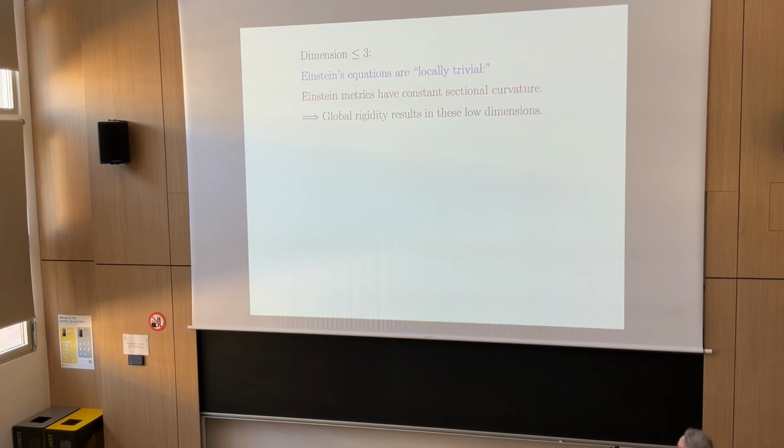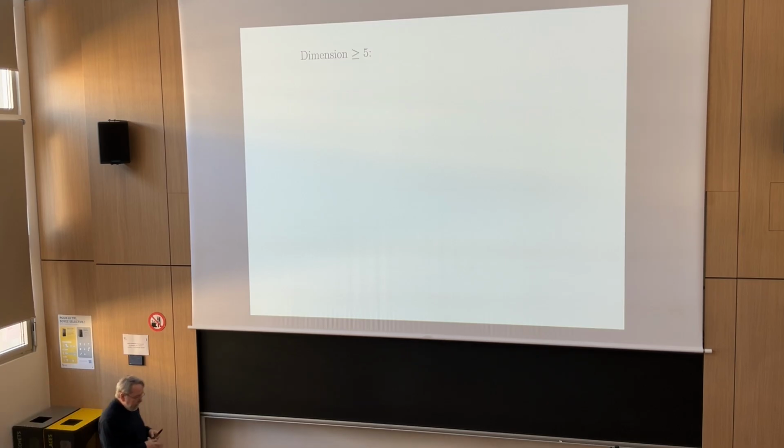But the point is that the theory of Einstein metrics devolves into something very trivial locally, and globally perhaps more complicated, in these low dimensions. What happens if the dimension of the manifold is high? And by high, what I mean is the dimension is at least 5.